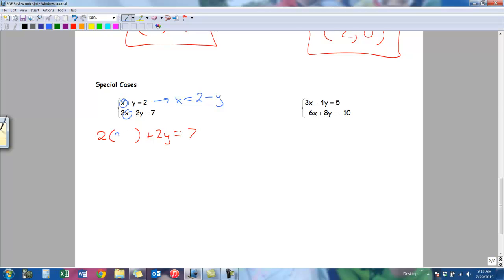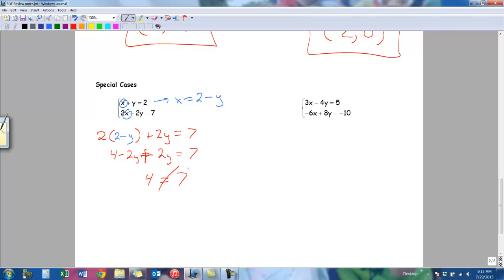All right, so distribute. You got 4 minus 2y plus 2y is equal to 7. Now, negative 2y plus 2y cancel, and we're left with 4 is equal to 7, which is false.